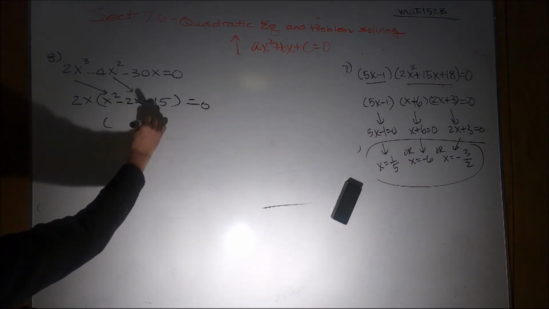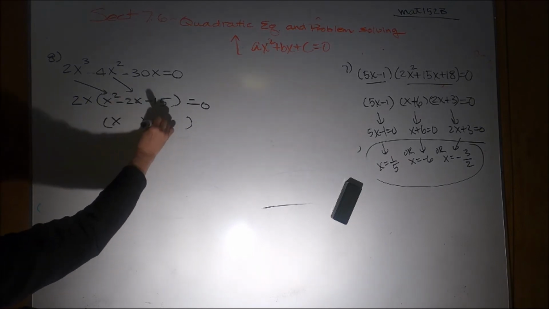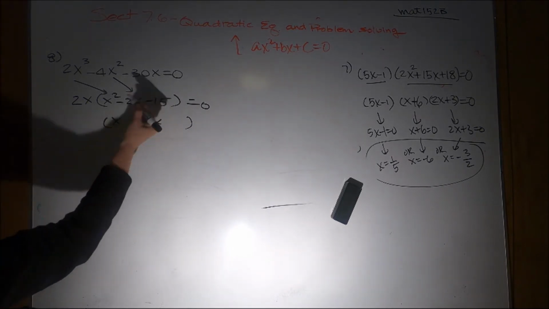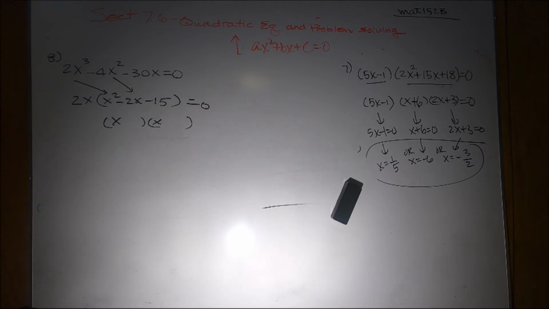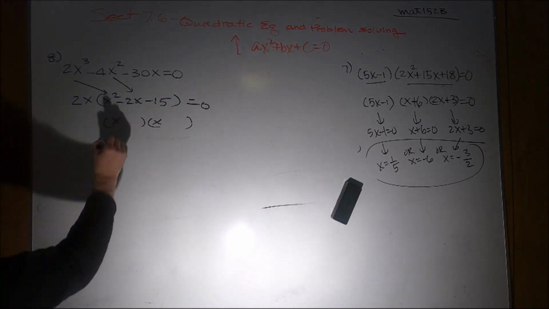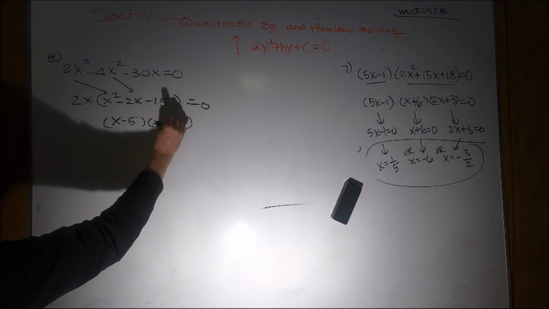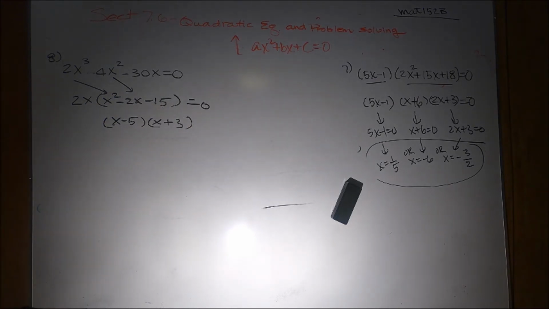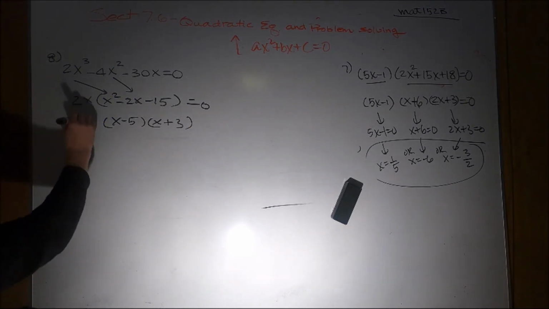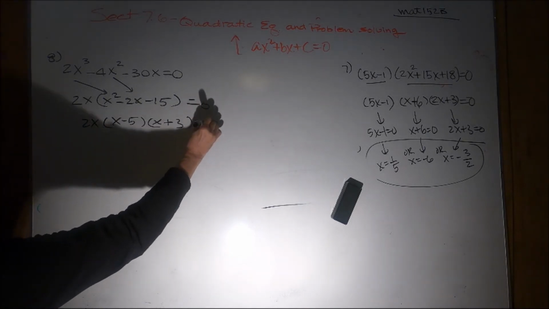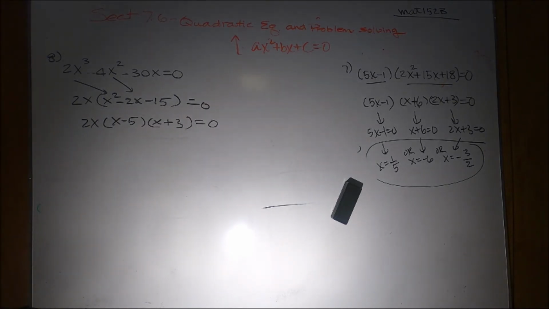Trinomial. The leading coefficient is 1, so we can just do x. Which two numbers will work for -15 and -2? That would be -5 and 3. Is that right? So that's 2x equals 0. So we have how many parts? 3 parts.